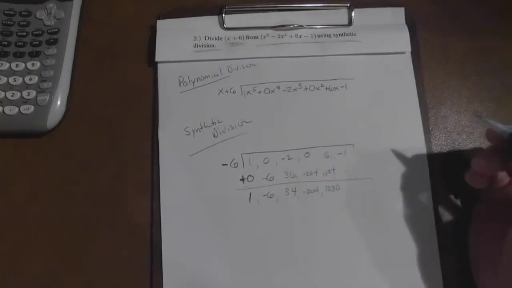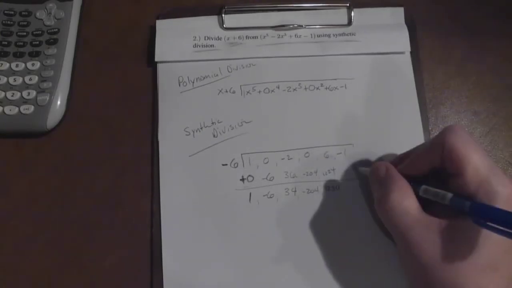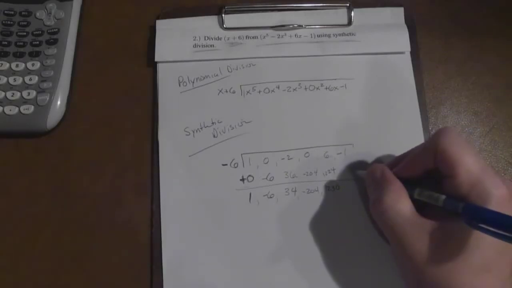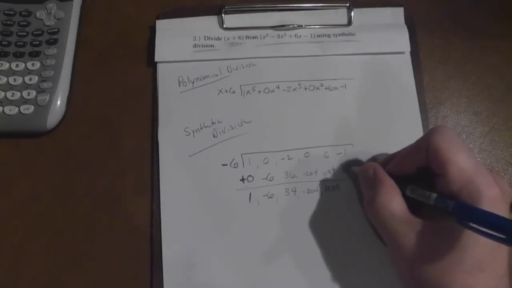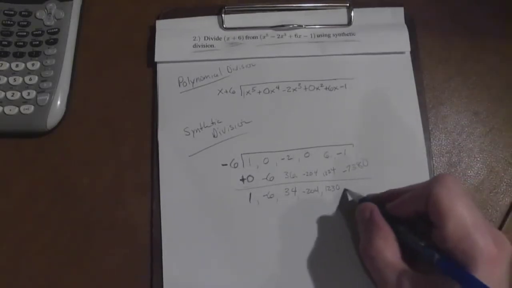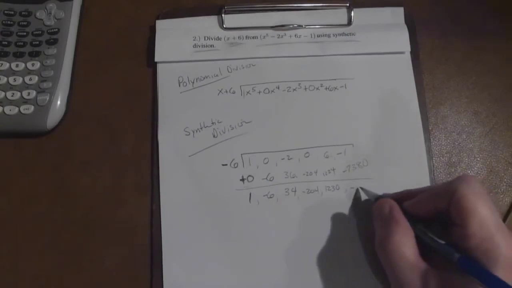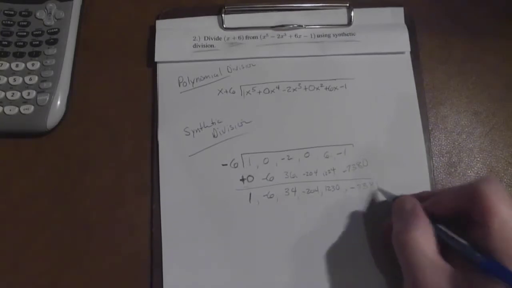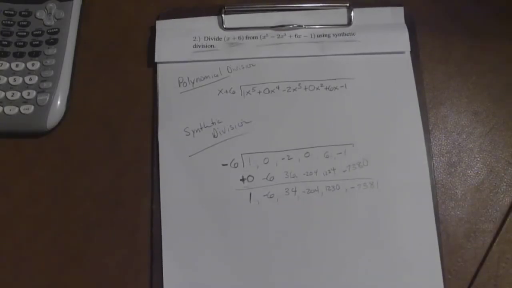Negative 6 times 1,230, that gave us our final result here, which was, careful here. Well, yes, the result negative 7,380.